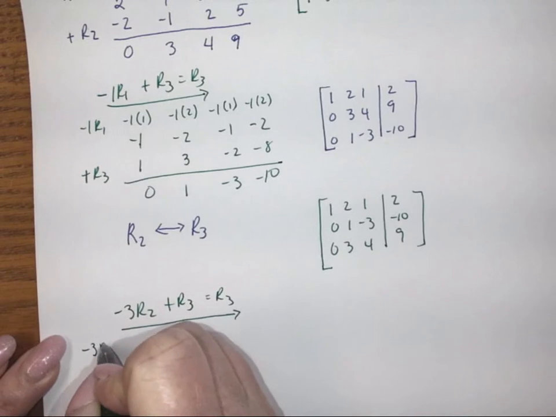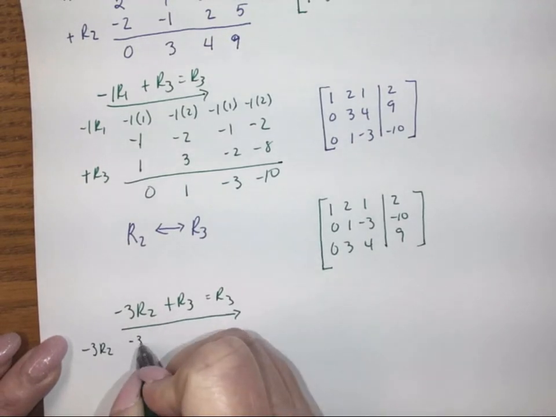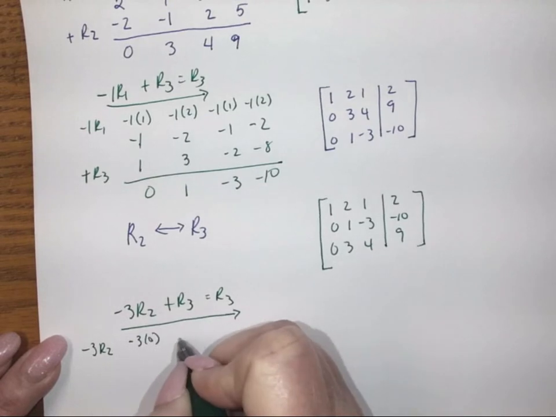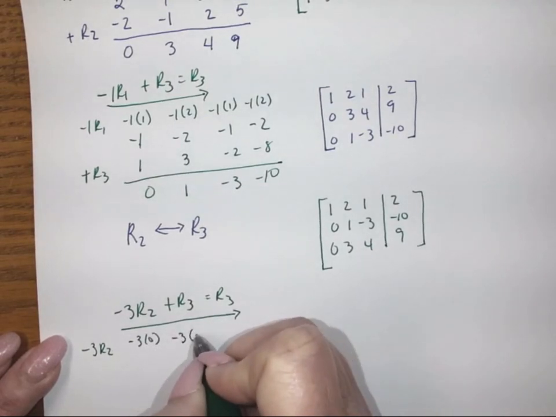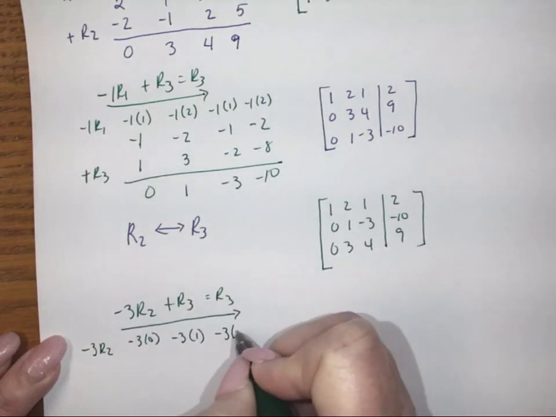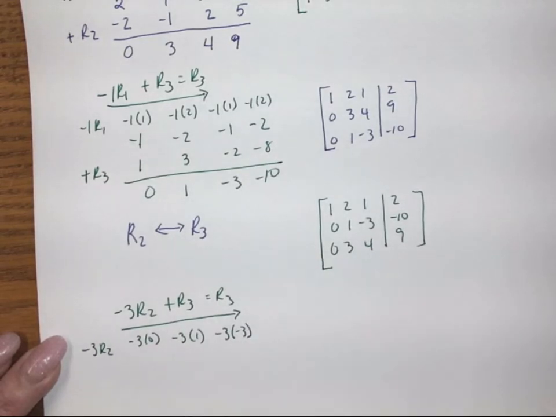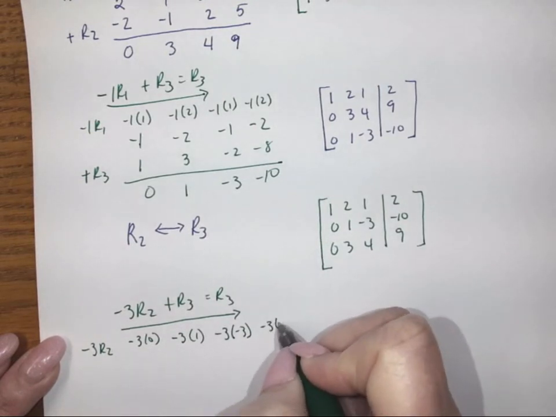So negative 3 times row 2 will get us negative 3 times 0, negative 3 times 1, negative 3 times negative 3, and then negative 3 times negative 10.